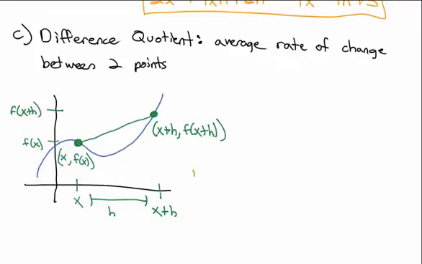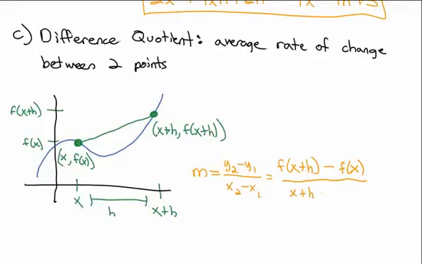And we know that to calculate the slope between 2 points, that's going to be y2 minus y1 over x2 minus x1. In this case, y2 is f of x plus h, minus y1 is f of x. And this is all over x2, which is x plus h, minus x1, which is just x.